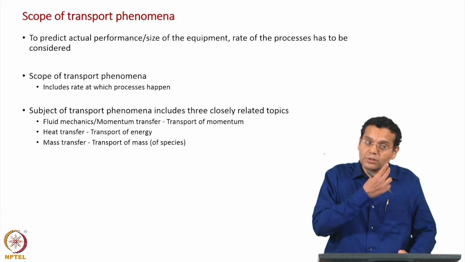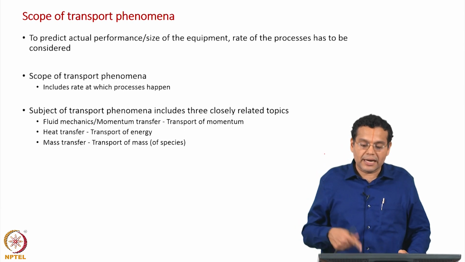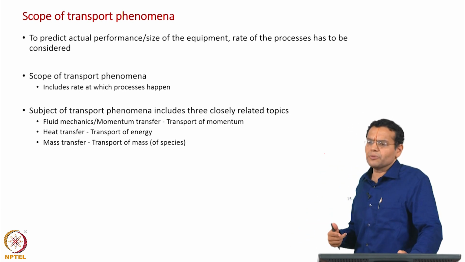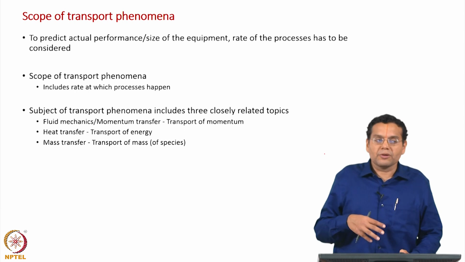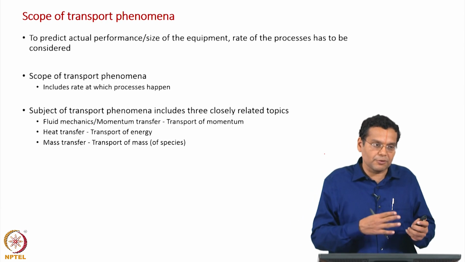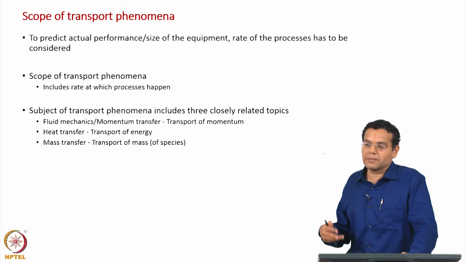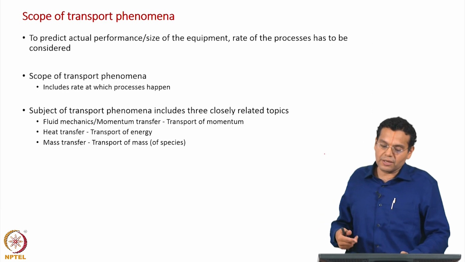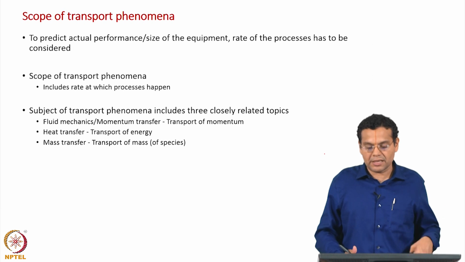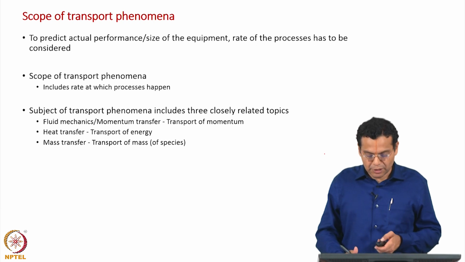So, the subject of transfer phenomena is required to take into account the rate of processes, how fast, how slow, and why is it required? To predict the actual performance. Thermodynamics limits itself to the limits of performance, but we would like to predict the actual performance and find out the size of equipment. So, we need to consider rate, and transfer phenomena does that. The subject includes three closely related topics: fluid mechanics or momentum transfer, heat transfer, and mass transfer, which deal with transport of momentum, transport of energy, and transport of mass of species.